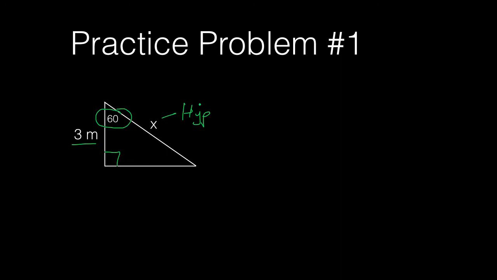So if we remember our mnemonic, SOHCAHTOA, now we're going to try and figure out which of the trig functions to use for this triangle. We have the side closest, which is the adjacent side, and we want to know the hypotenuse.